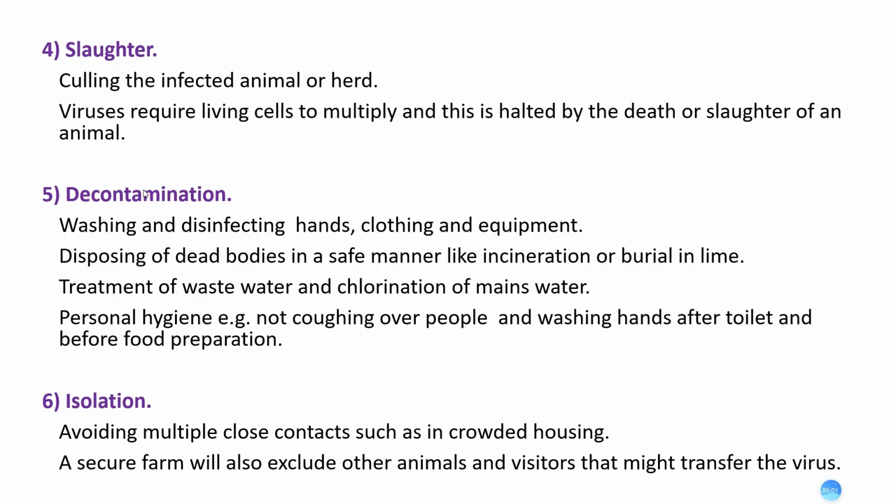The last one is isolation. Isolation is to avoid multiple close contact, such as in crowded housing. Like a secure farm will also exclude other animals and visitors that might transfer the virus.